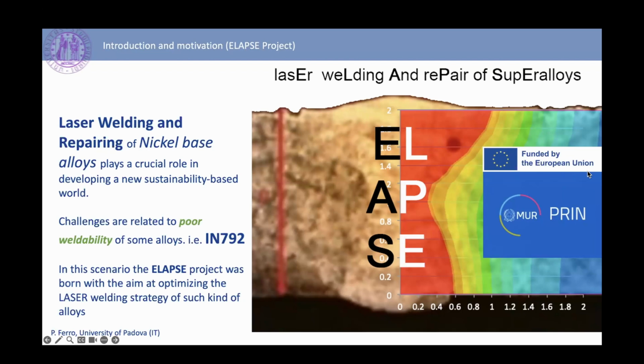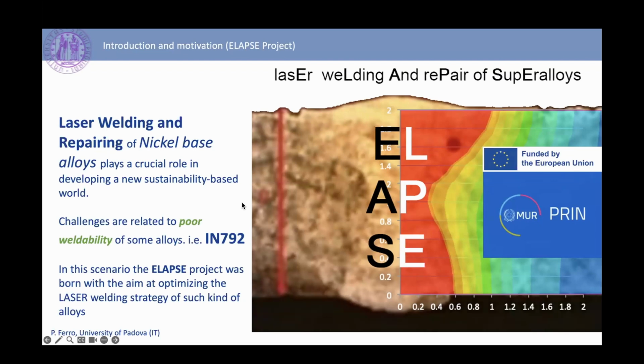The topic of this project is to study the weldability and repairability of some grades of nickel-based alloys, in particular the Inconel 792, because of its poor weldability and repairability, always in the frame of sustainability perspective.